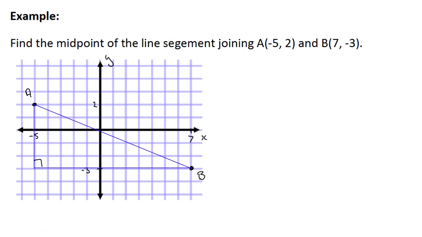Now remember, what we can do is to find the midpoint of this line and the midpoint of this line, and we'll be able to find the midpoint of AB if we do this oblique line.